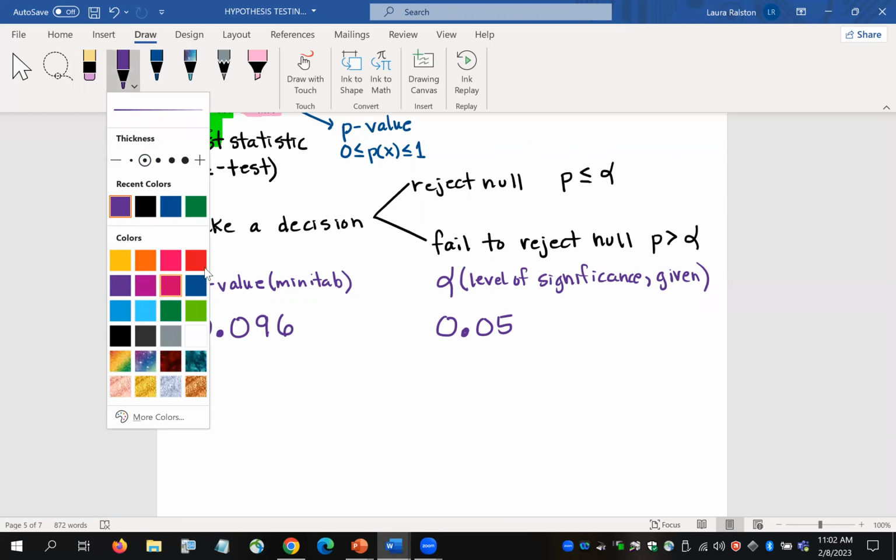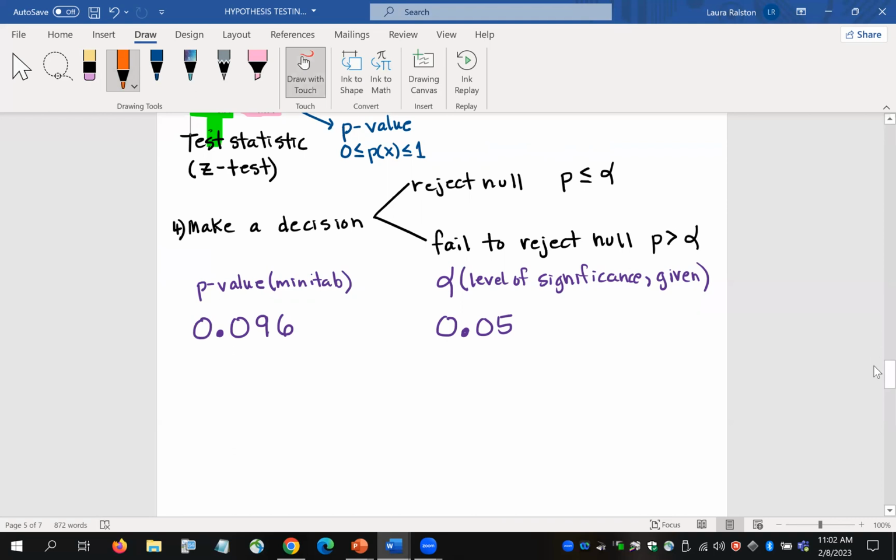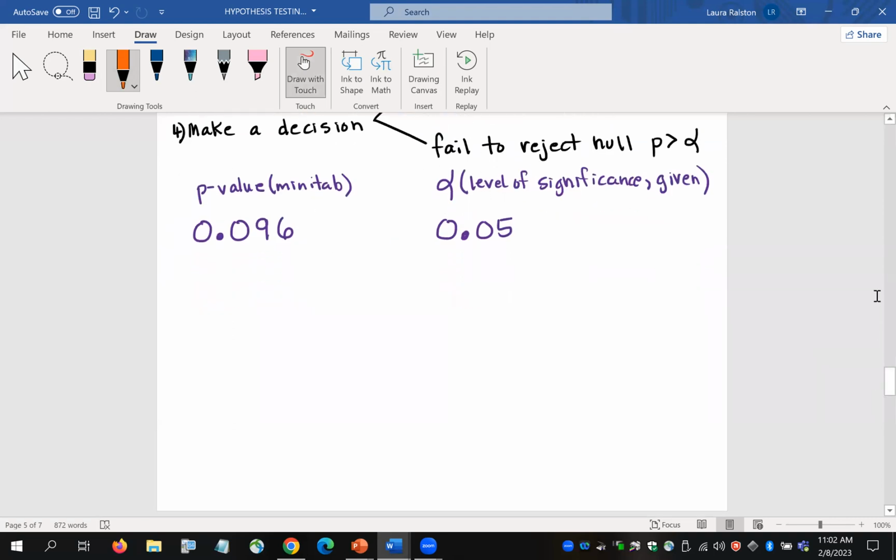Now, for whatever reason, comparing these decimals is, again, one of the areas where students struggle. The best thing I can tell you is to do it digit for digit. Look at the first number after the decimal point in each number. They're both 0.